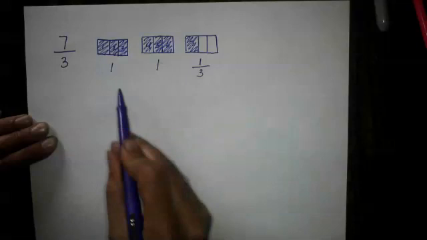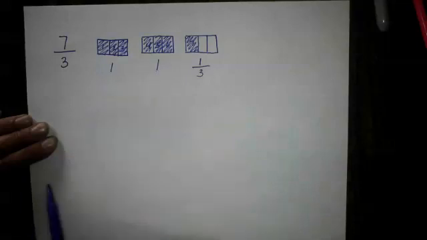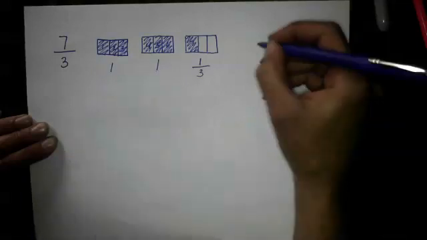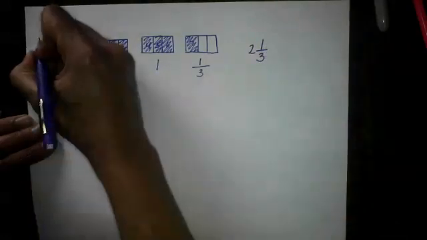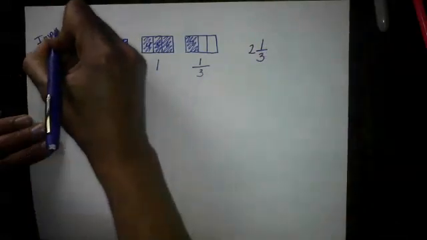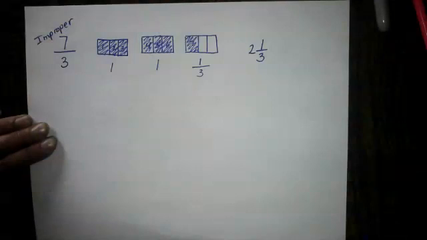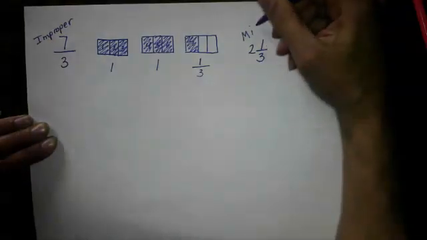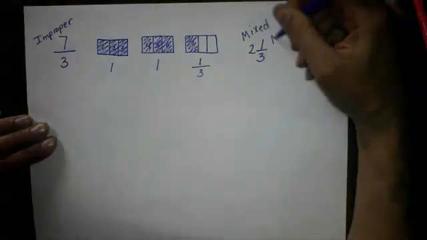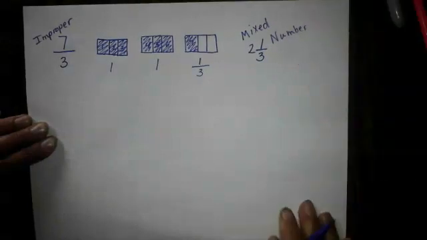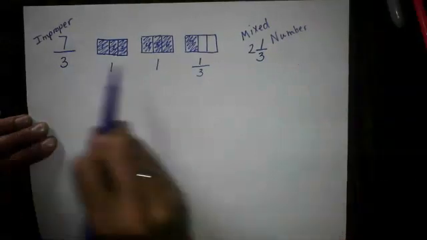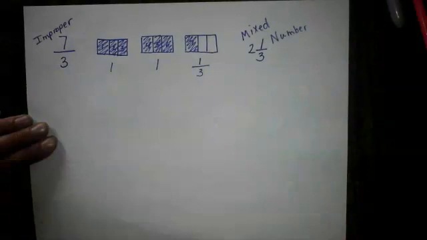So now that I look at what I've written, I have 2 wholes and 1/3. So this improper fraction can be converted to this mixed number, and they are equal to each other. They mean the same thing. 7/3 is equal to 2 1/3.